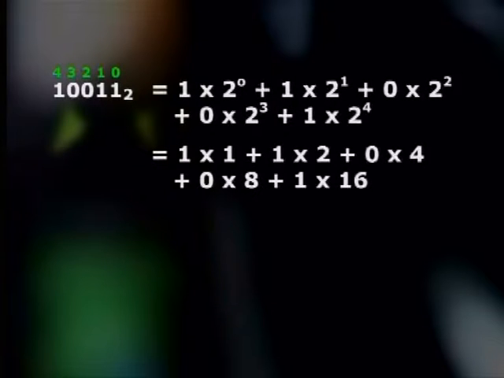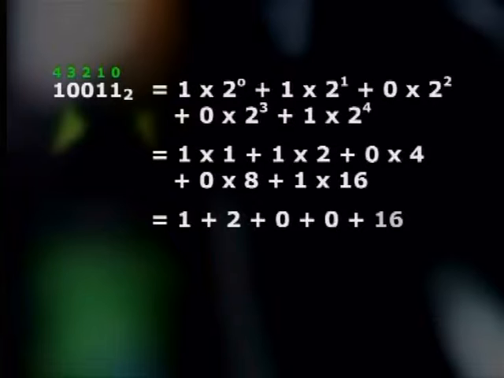That then gives us 1 times 1, which is 1, plus 1 times 2, which is 2, plus 0. 0 times anything is 0, plus 0, plus 1 times 16, which is 16. Adding that all up, we get 1 plus 2, which is 3, plus 16, which gives us 19. We should then add the subscript 10 to show that this is base 10.